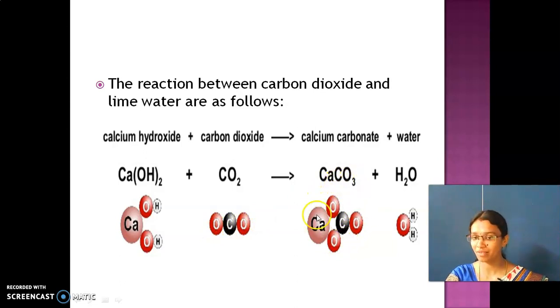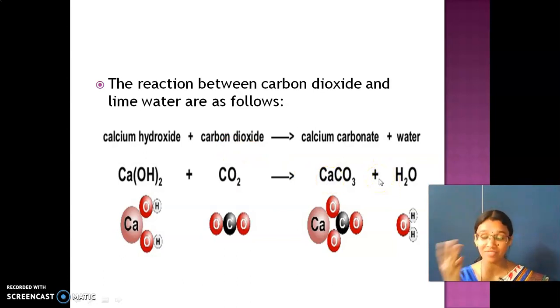CaCO3, one Ca, that is calcium, C is carbon and 3 oxygen, and H2O, 1 oxygen, 2 hydrogen. So the pictorial representation of the chemical formula is given here. On reaction between calcium hydroxide and carbon dioxide, what do we get? Calcium carbonate plus water.